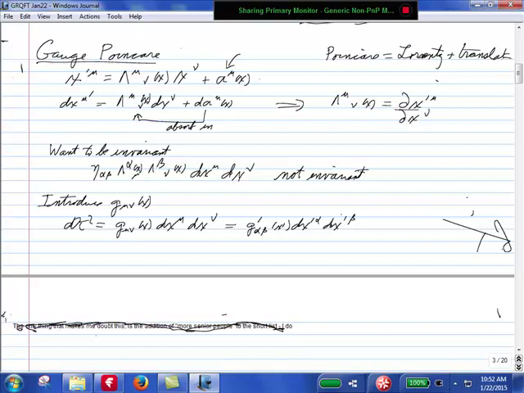I will stick those guys on the conventions page so we have a record of them. So now let's do the matter equations of motion.